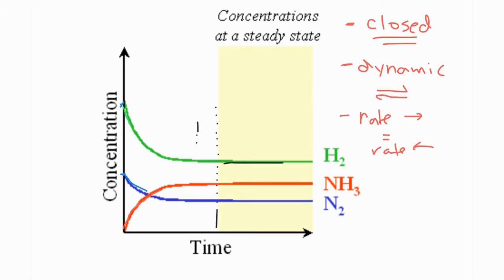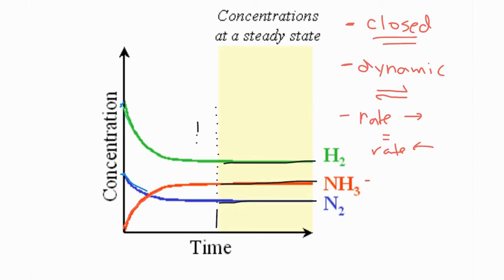We see that for the rest of the graph, they're just flat. You see that the concentrations are not the same. They don't have to be. Sometimes they are, sometimes they aren't. However, the rates would be the same. The rate of the forward reaction is equal to the rate of the reverse reaction. So equilibrium is all about rates.